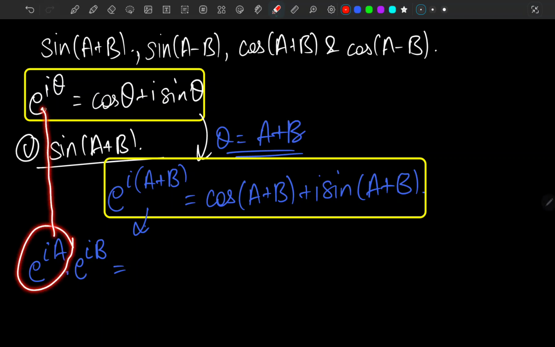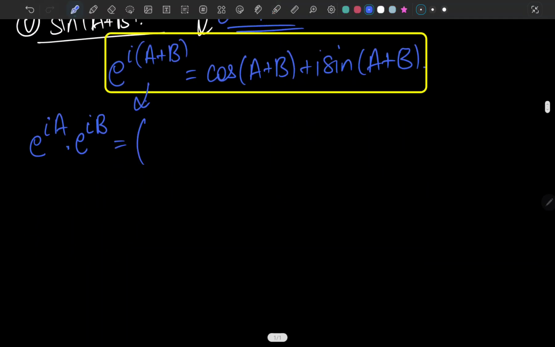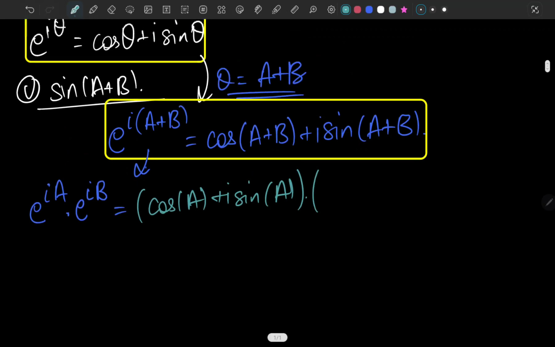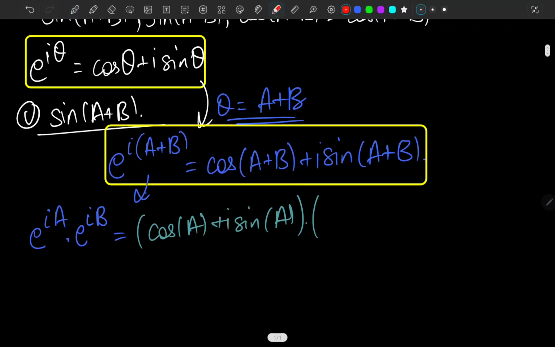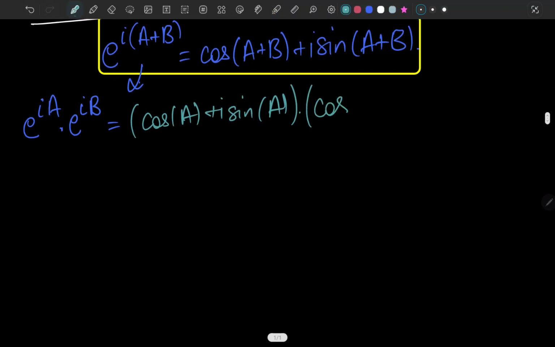If you relate this with this one, theta is a, so just replace theta here with a. That's going to give us cosine of a plus i times sine of a. How cool is that? And times, if we talk about the b part, that's going to give us the same with the argument becoming b. So this is what we are having.